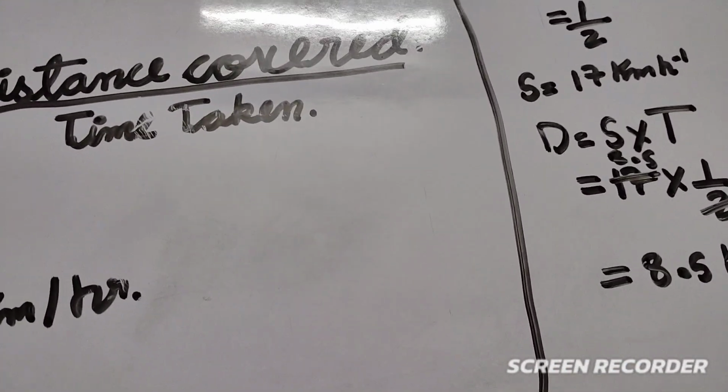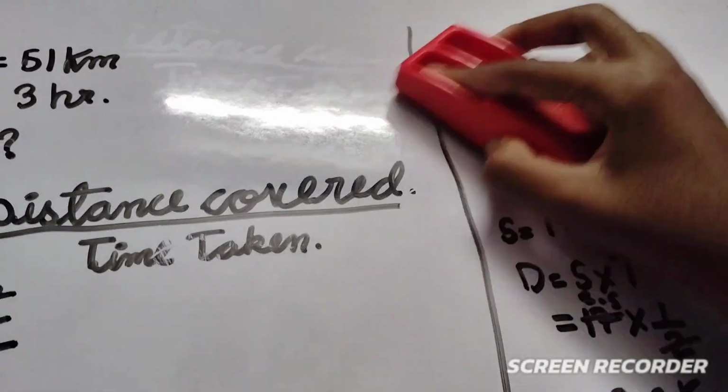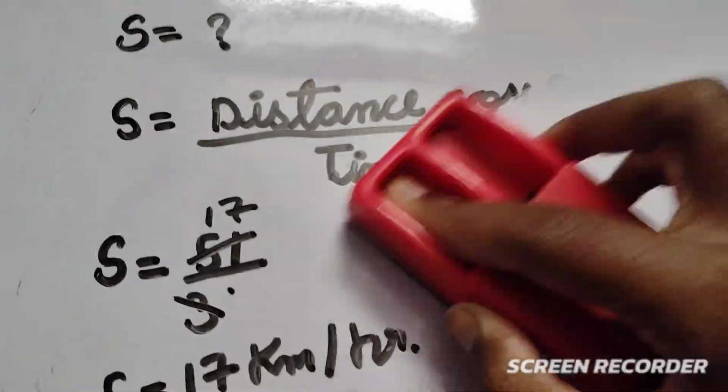So we have a new formula: to take out the distance we have to multiply the time into speed. Now we will do it in a forward mode.